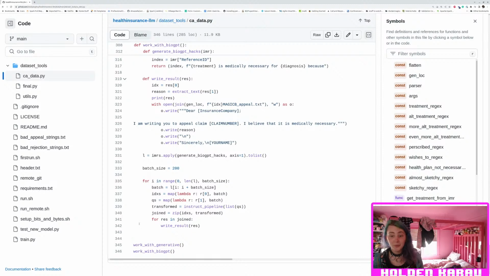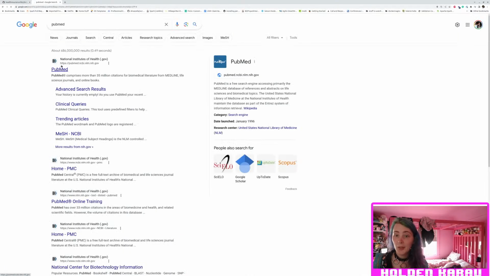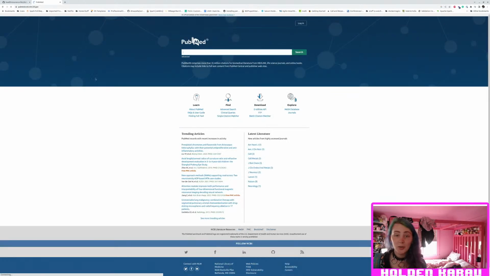The other one is we also use BioGPT. BioGPT is trained by the folks over at Microsoft, and it's trained on the abstracts of PubMed. And all kinds of medical research is in PubMed.